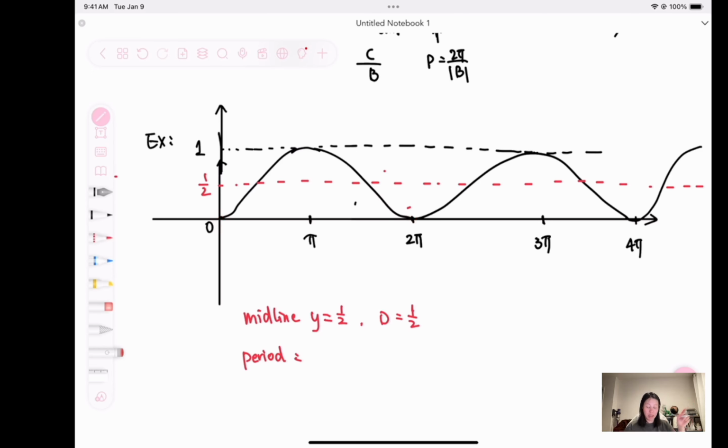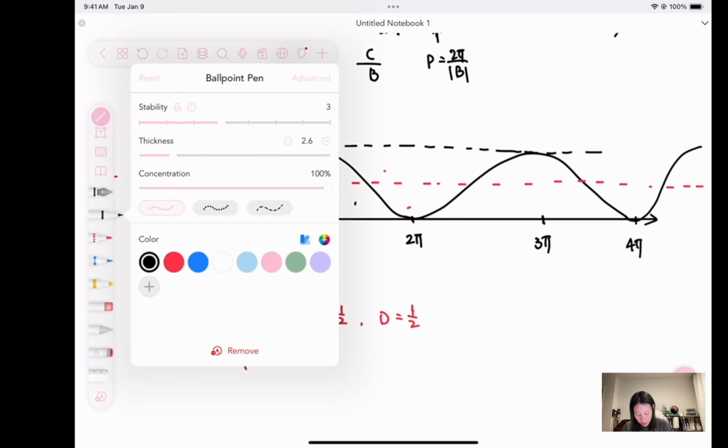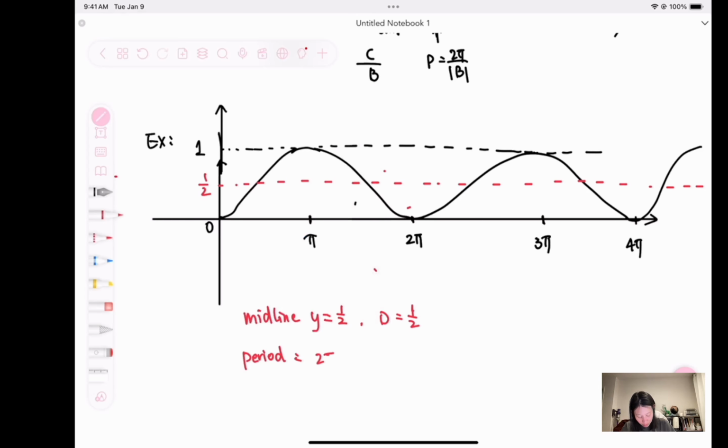That's when they repeat, right? If we start with the lowest point, we go from 0 to 2 pi, so the period is 2 pi. Or if we look from the highest point to the highest point, from pi to 3 pi, the period is still 2 pi.